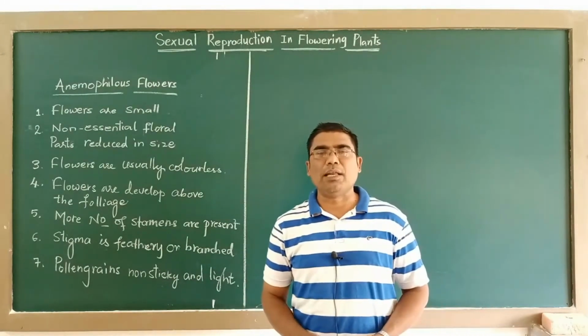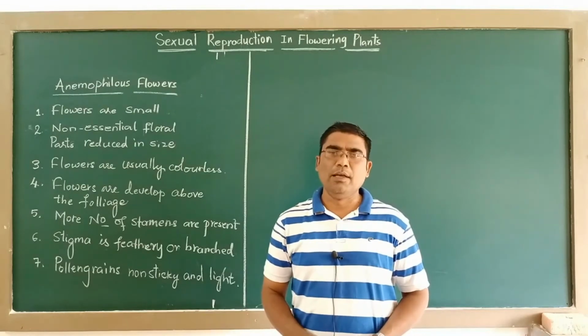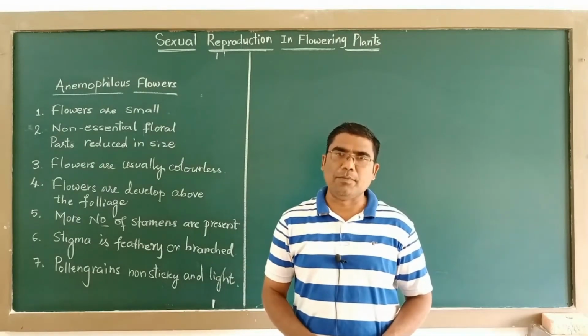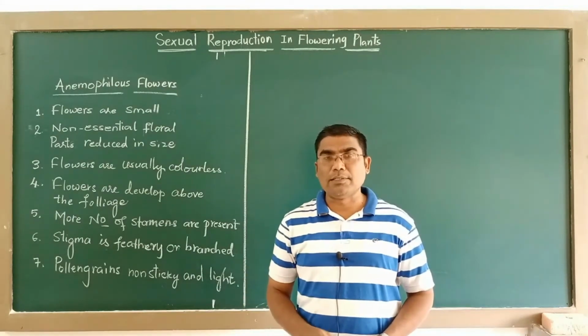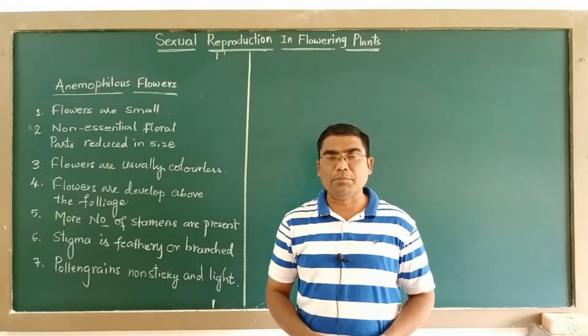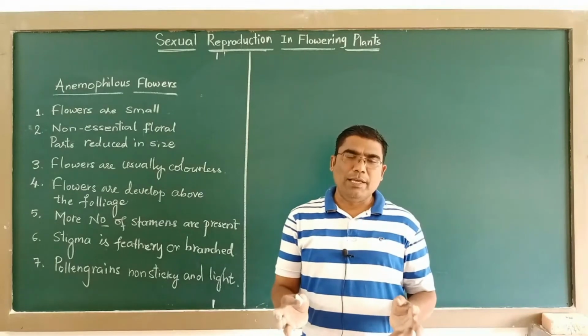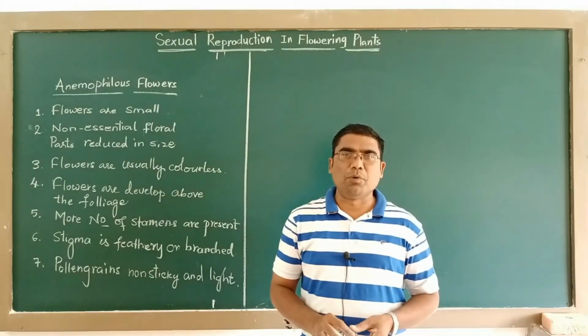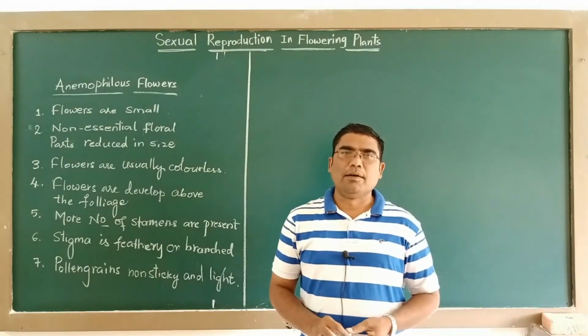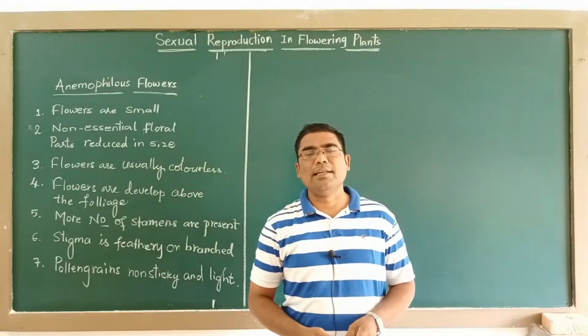Essential parts are helpful for sexual reproduction, of course androecium and gynoecium. Non-essential floral parts do not directly participate in sexual reproduction, but they provide shape, size, coloration and protection to the flower. Commonly, corolla and calyx are considered as the non-essential floral parts.